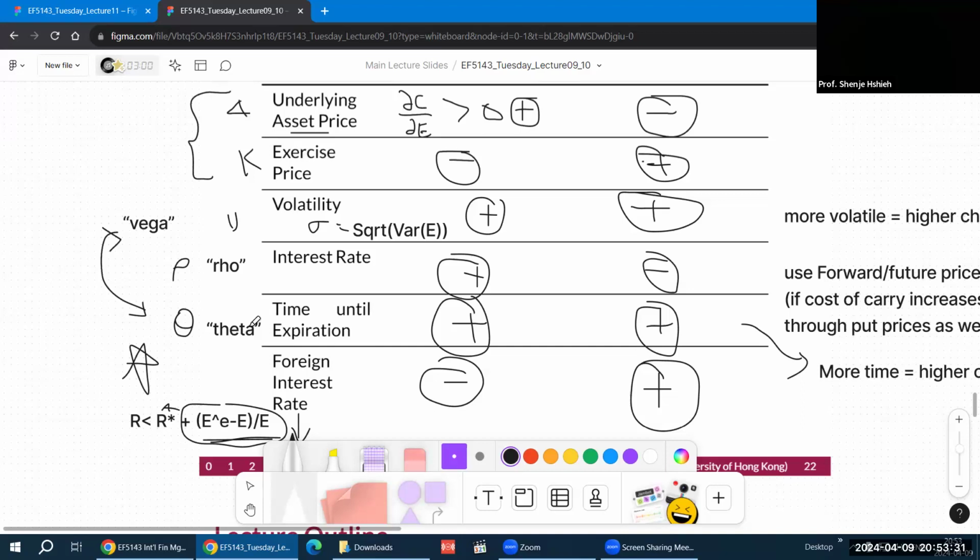So I want to make it clear which underlying asset is here, the domestic asset or the foreign asset. I think it should be the foreign asset. So if it is foreign assets and the foreign interest rate goes up, the asset price will go down. It's very clear. So we don't have to talk about the exchange.